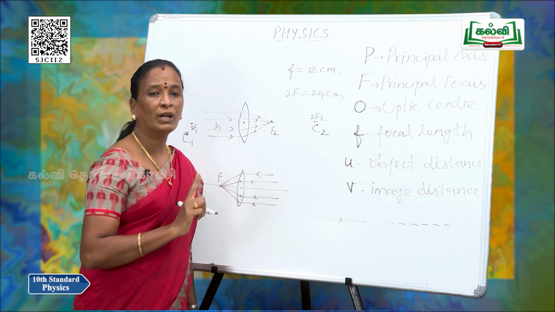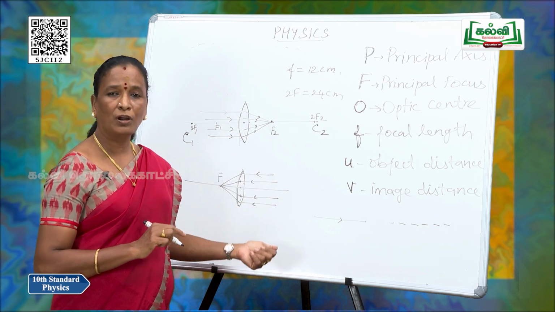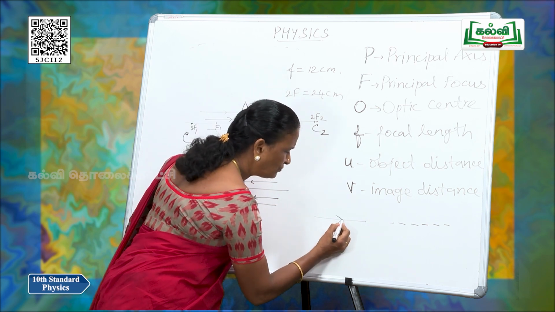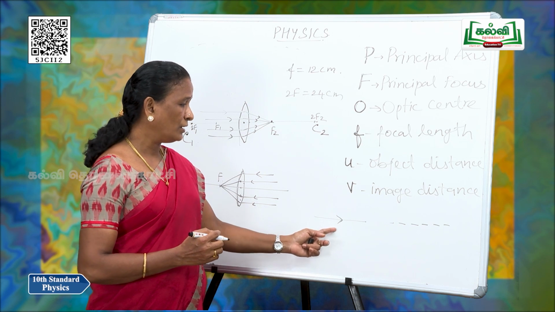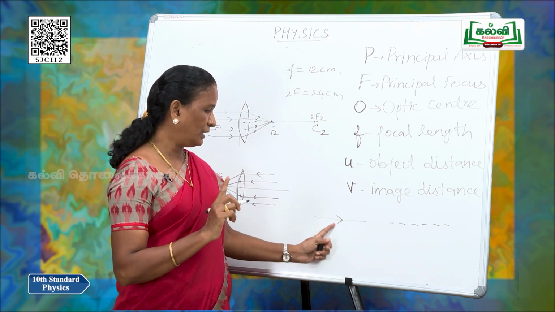So we are using two kinds of lines to draw the images formed by refraction of a convex lens and a concave lens. Next, the arrowhead is very important. For bold lines we have to use the arrowhead, but for the dotted line we should not use the arrowhead.